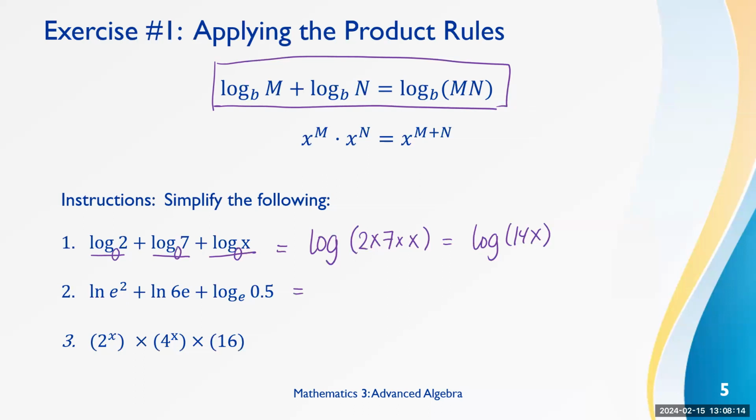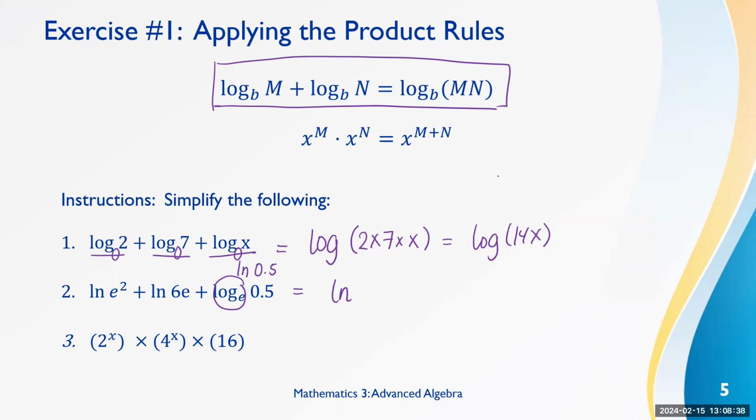Similarly, in item number 2, we have the natural log of e squared plus the natural log of 6e plus the natural log of 0.5. The log base e we can write as ln, so all of our terms are in natural log, or ln. So our result would be in terms of natural log also. What do we do with the arguments?